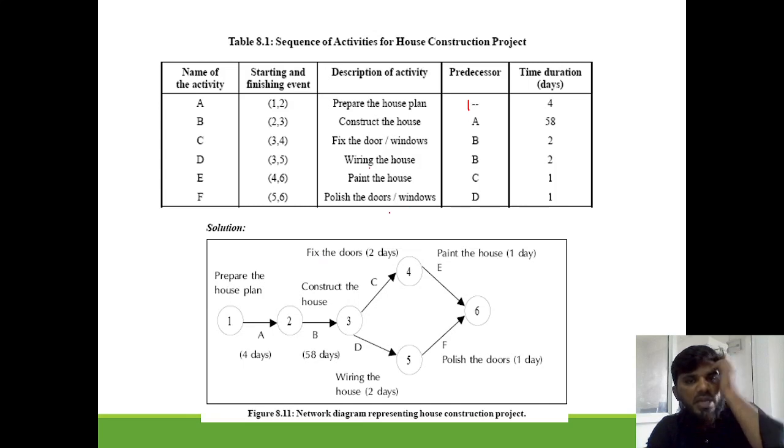So the painting you can do meanwhile also. So no need of using a dummy activity. If you feel that these two are important, then you can draw a dummy activity. Then it will indicate that only after the completion of 5th task and 4th task, the task E will start. That is nothing but the event E will start.